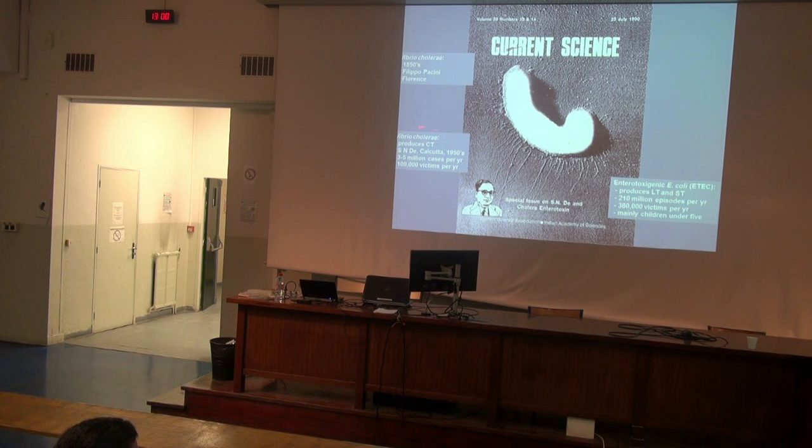So the cholera toxin was discovered by S&D. If you are complaining about funding, probably S&D was funded by a few $1,000s per year. It was the 1850s in Calcutta, and he did a smart filtration experiment. He made sure that in the filtrate was not a single bacterium.